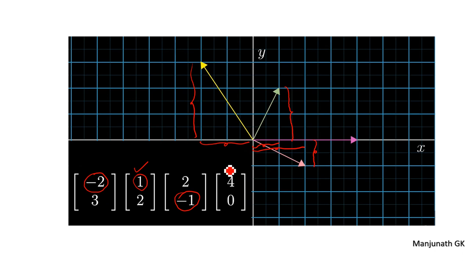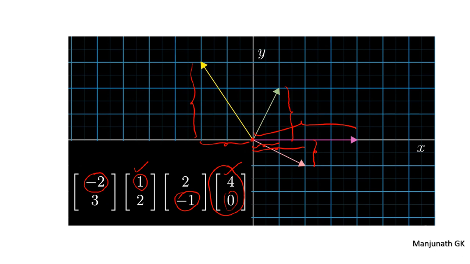The fourth vector is somewhat different compared to these three, where the y component is 0. The vector is only along the x-axis. It is parallel with the x-axis and also collinear with the x-axis. Along the x-axis it is 4 units. The y component is 0, so it stays on the axis.